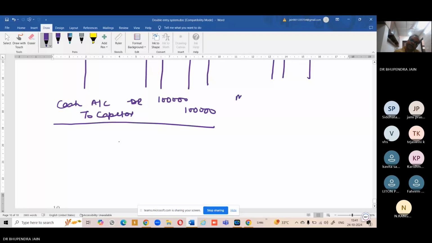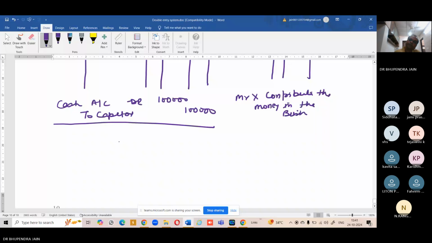Mr. X contributes the money in the business. Whenever the owner, proprietor, or partner contributes money in the business, this is called capital. So the entry is cash account debit to capital.